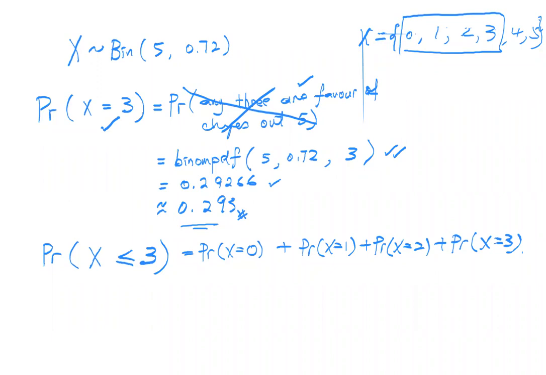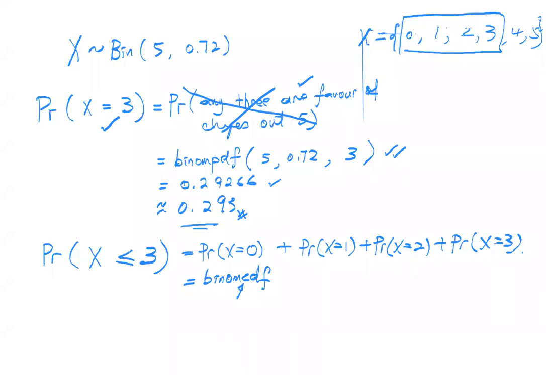So, if I want less than or equal to, what should I use? Less than or equal to, I can cut short by using binom CDF. C means cumulative.